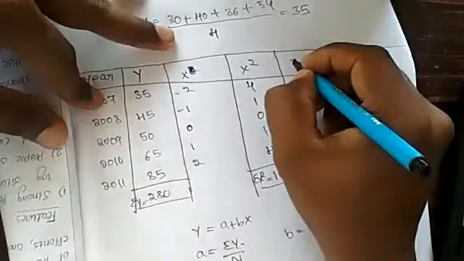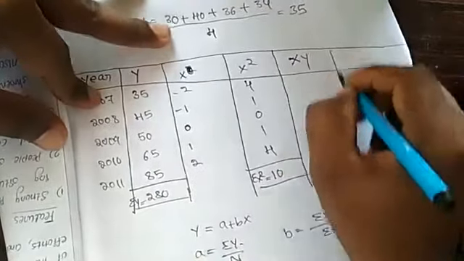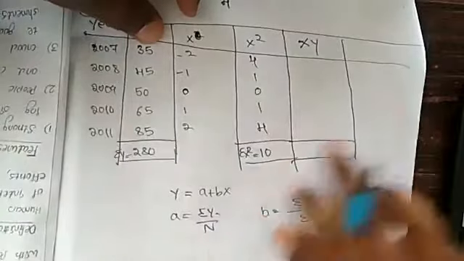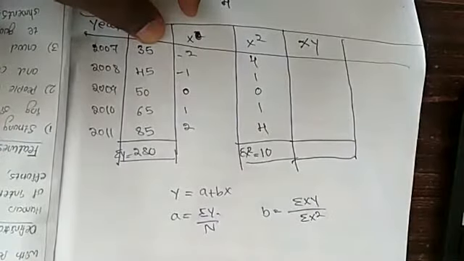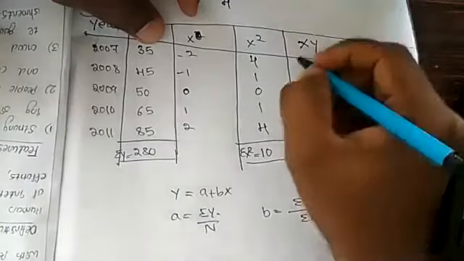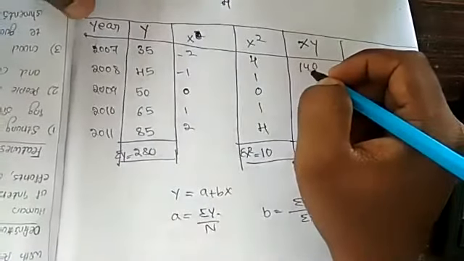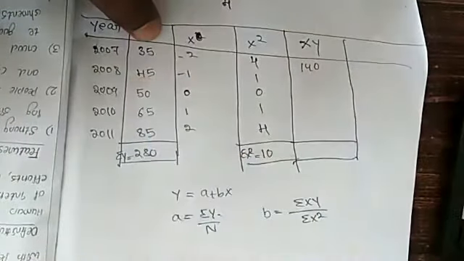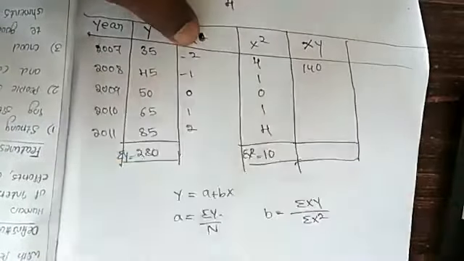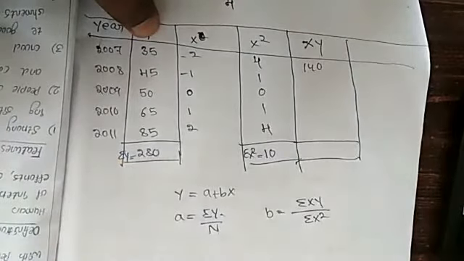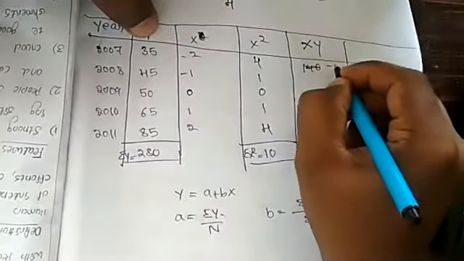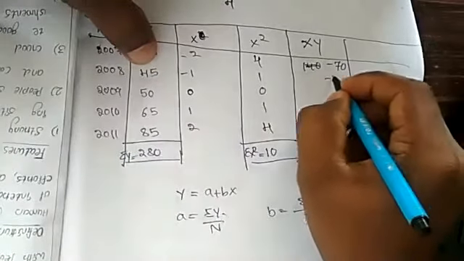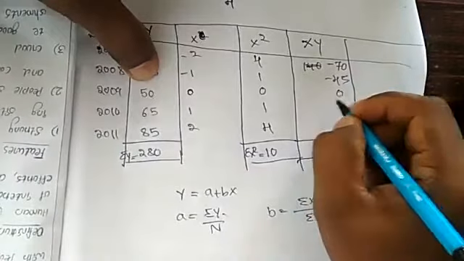Then find out x into y. We need x into y. X into y, 35 into minus 2, minus 70. 45 into minus 1, minus 45. 0, 65.